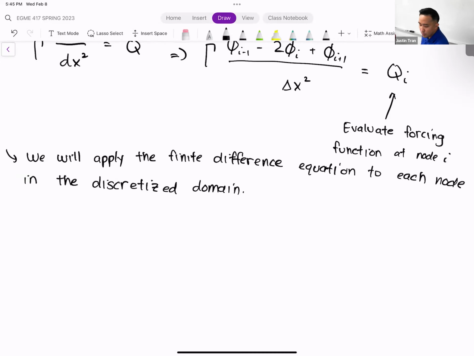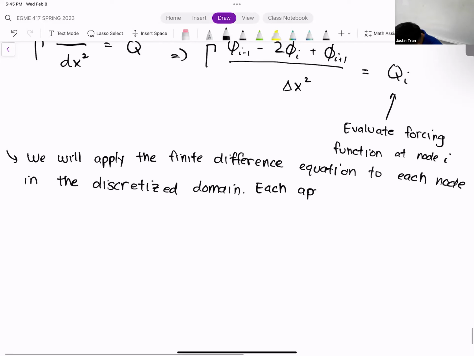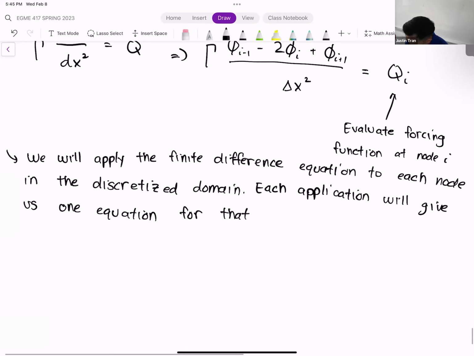And so basically, the idea is that if we apply this to every single node in the domain, then we're going to have one equation per node.